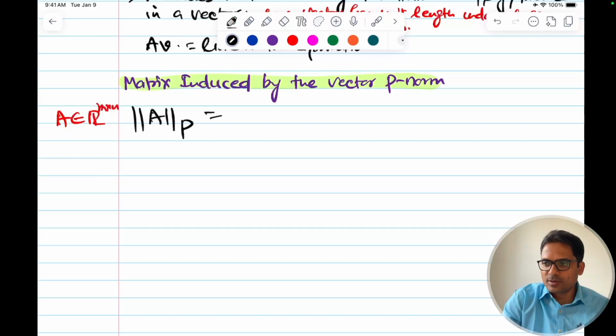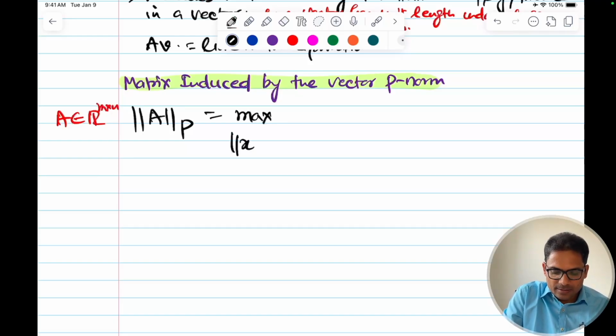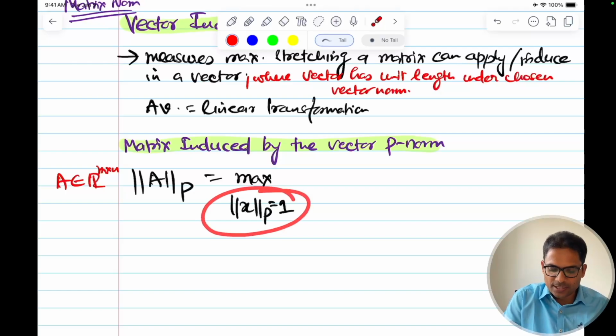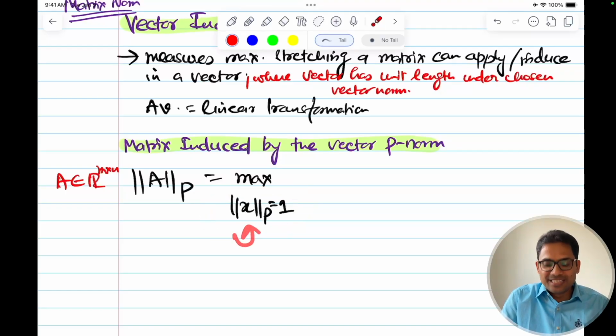This is equal to, so there is a formula, the max over vectors x whose Pth norm is 1. This is the max stretching we are calculating under the condition that the measure of that vector under the Pth norm is 1, that it should be a unit vector.